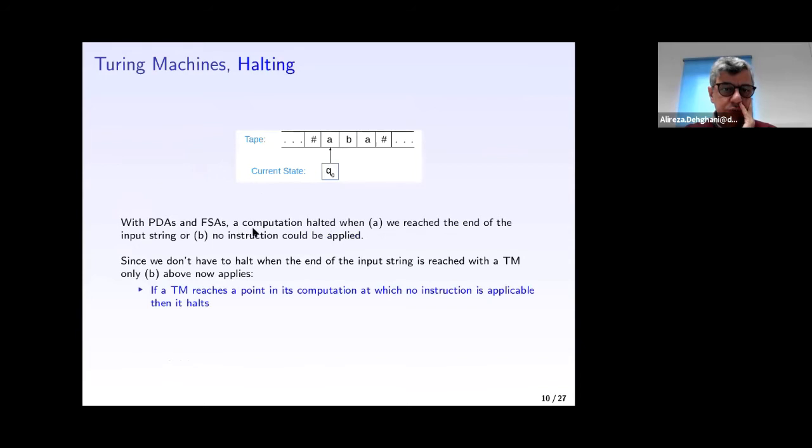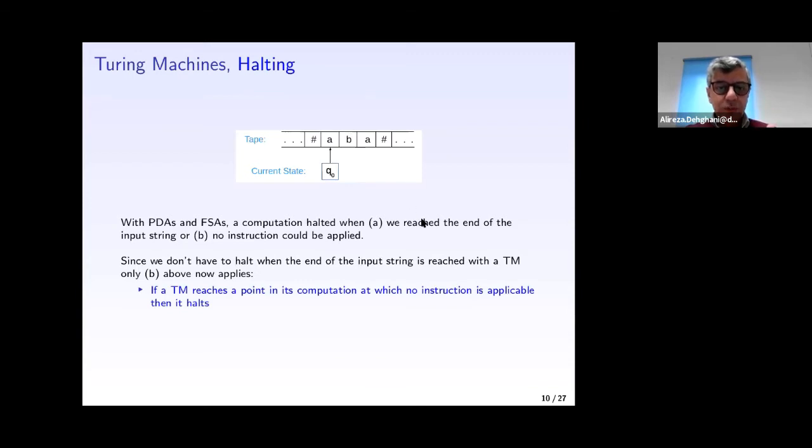So with the two other machines, there were two circumstances in which we could halt the computation and finish the story. The first was that we reached the end of the input string. Whenever we get to the end of the string, the machine has finished the computation. The second was that no instruction could be applied. If you are in a specific state and there is no instruction to say what to do when we see these symbols, we used to halt the computation.